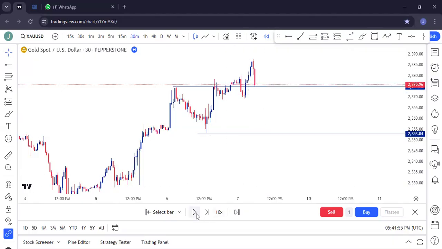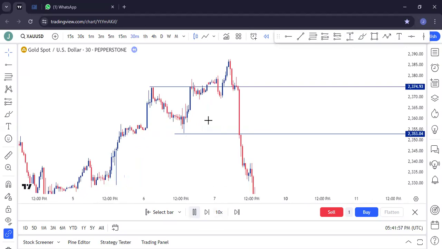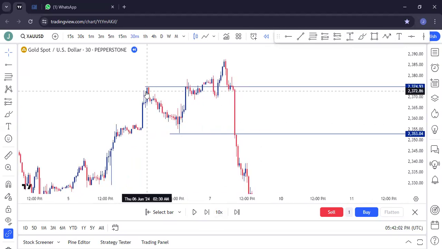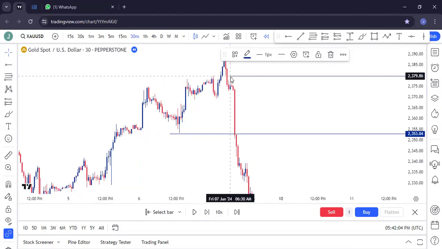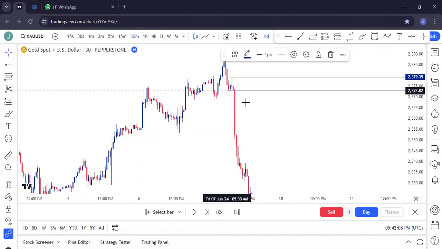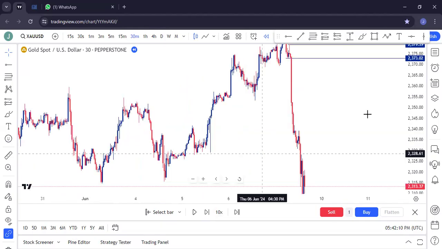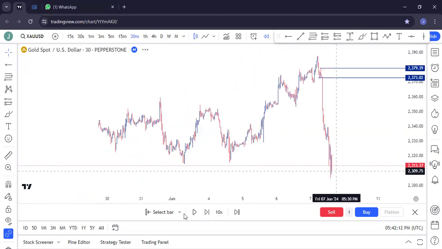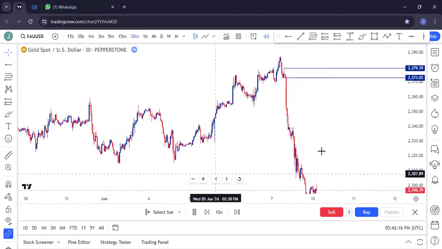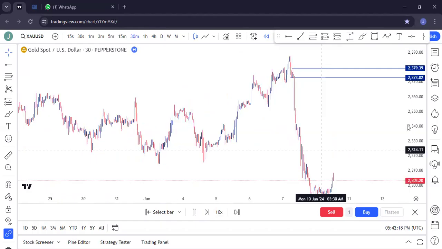So price created a change of character with what? With the inside formation. Inside formation. See? So let's see if the price came back. Price did not come back.